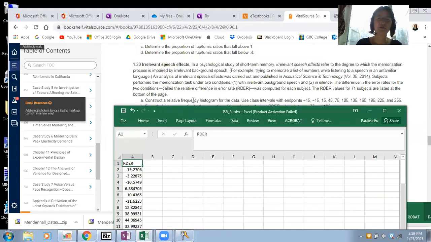Construct a relative frequency histogram for the data. Use class intervals with endpoints.